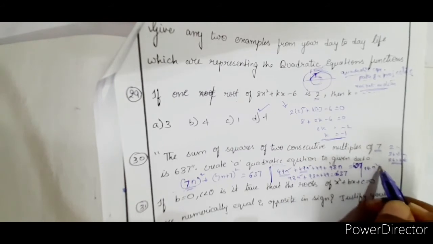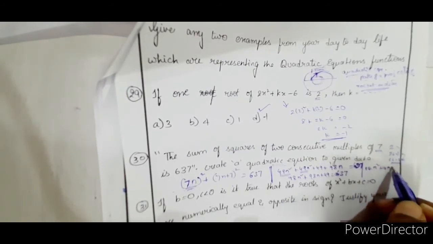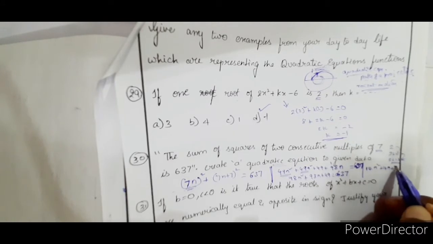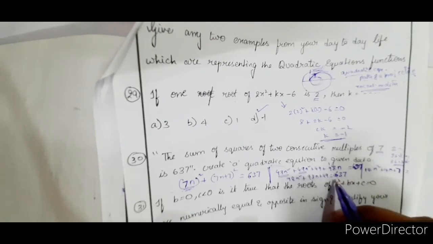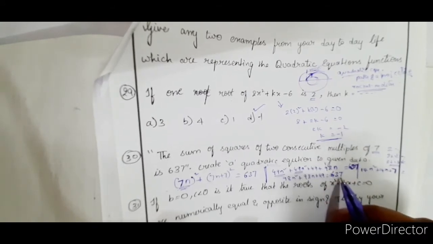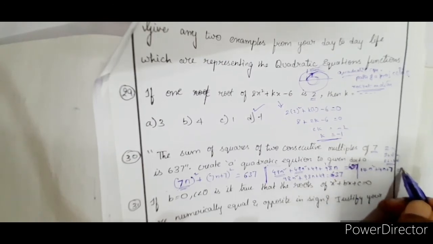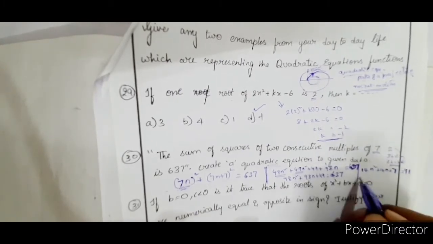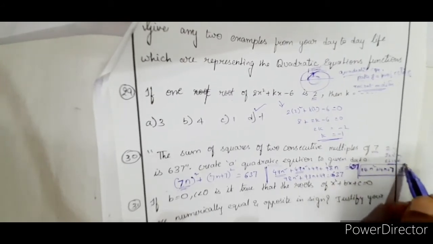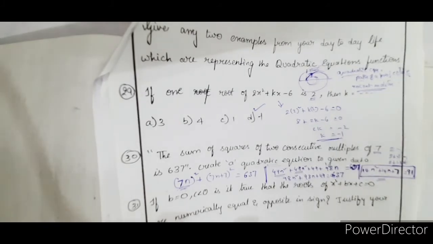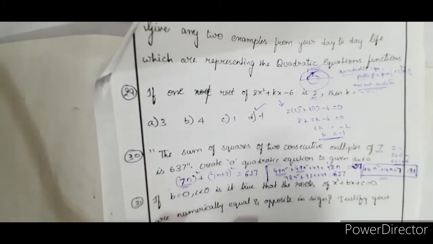So 14n² + 14n + 7 7s are 49 is equal to... now 7, how many times will it go? 7 9s are... and 7 1s are... So this is the final equation. Okay, so I'll repeat this one again.